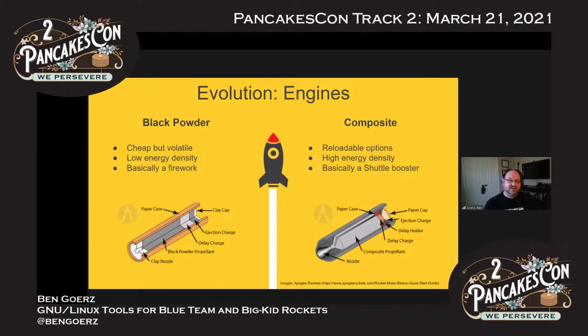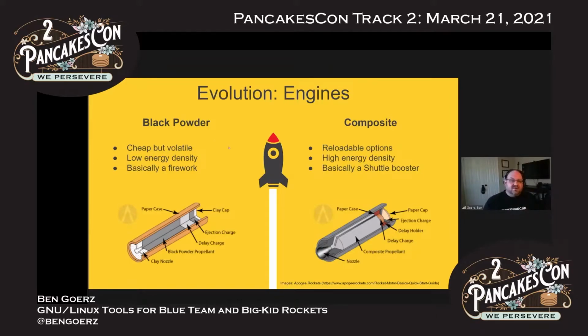And on very cold days, it's not uncommon for these things to explode on the launch pad if there's contraction, and you'll get cracks through the propellant that the fire can move up and cause what we call a catastrophic or a CATO explosion. So they have that stability problem. They have relatively low energy density, and just technology-wise, they're about the same basis as a firework, couple thousand-year-old technology.